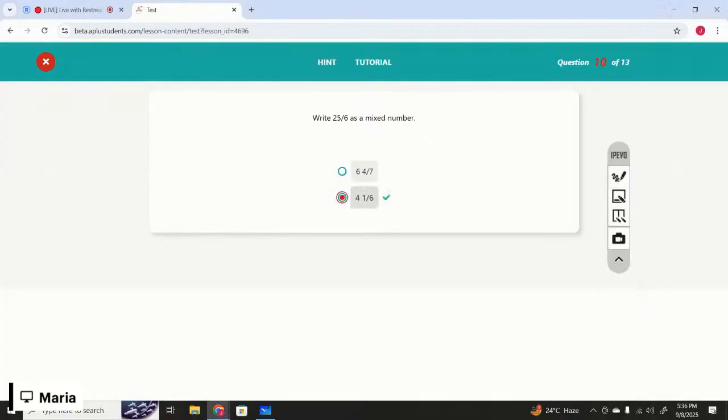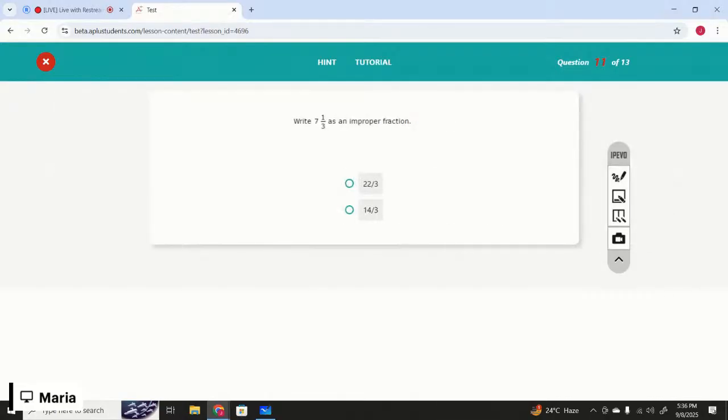Four whole by six. Option two is the correct option. Right? Seven whole one by three as an improper fraction. 7 times 3 is 21 and 1, 22 over 3.